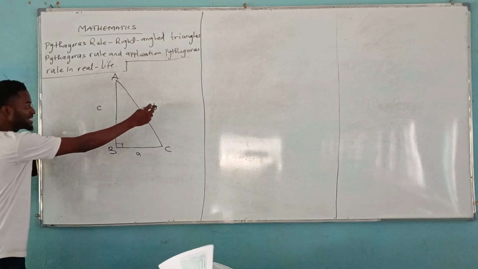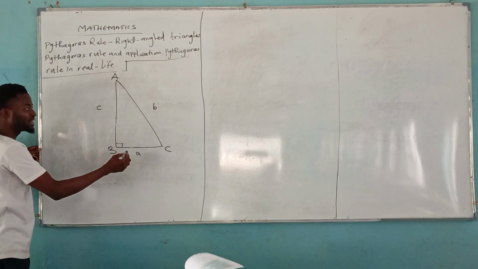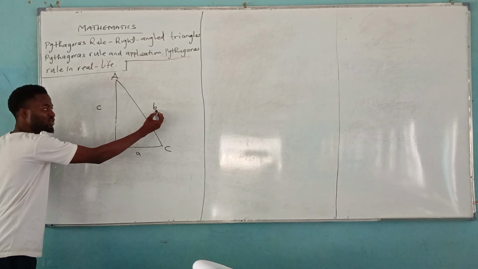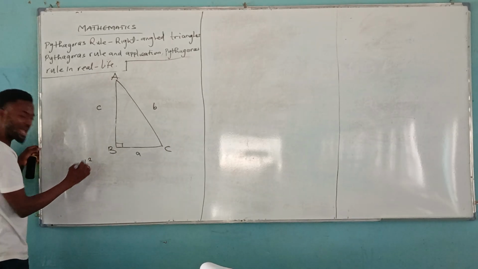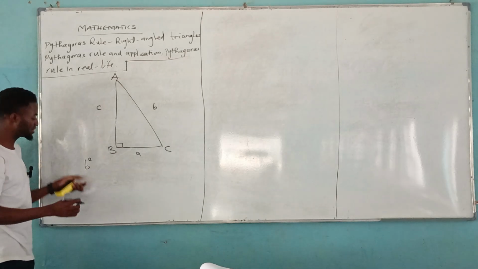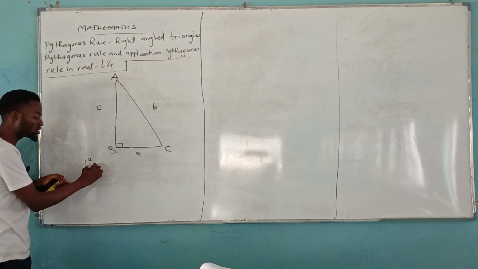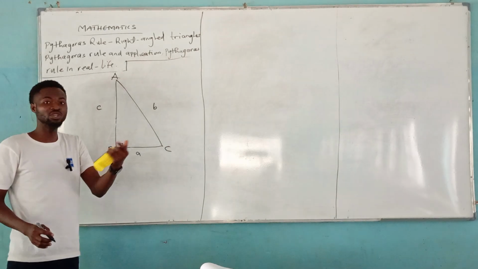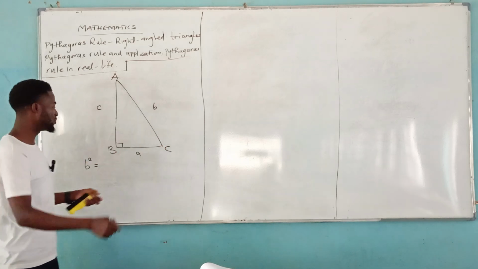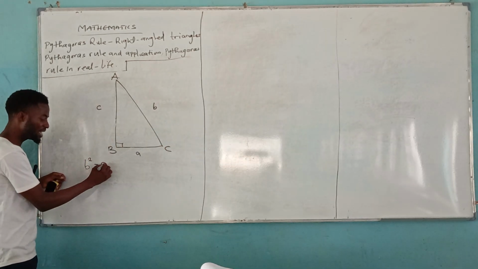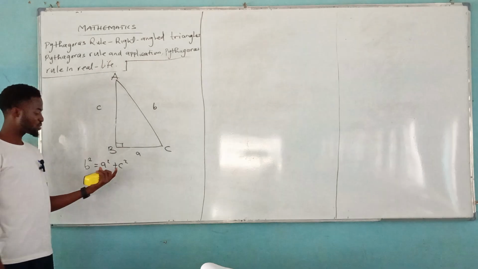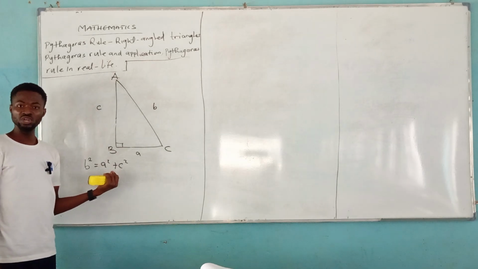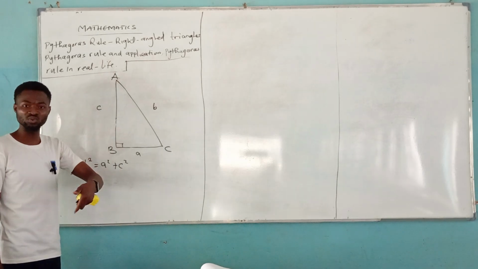Based on the interpretation, the square of the hypotenuse side, which is B, so B square, is equal to the sum of the squares of the two other sides, which is A square plus C square. If we are talking about sum, we are talking about addition.